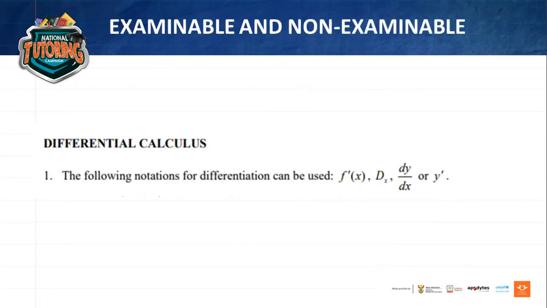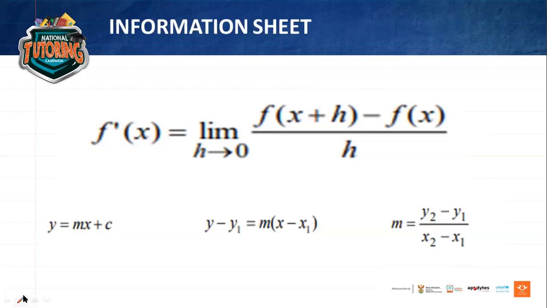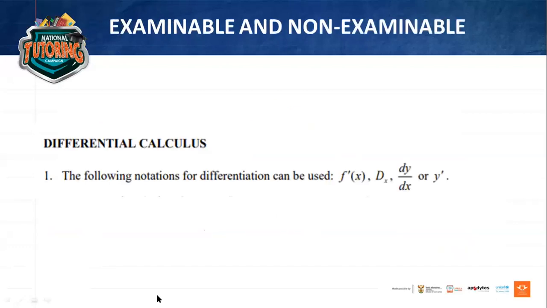Now, the important thing under differential calculus, which is examinable and non-examinable, is that the f at x can be denoted differently, okay? So it's f prime of x, which is the derivative with respect to x.